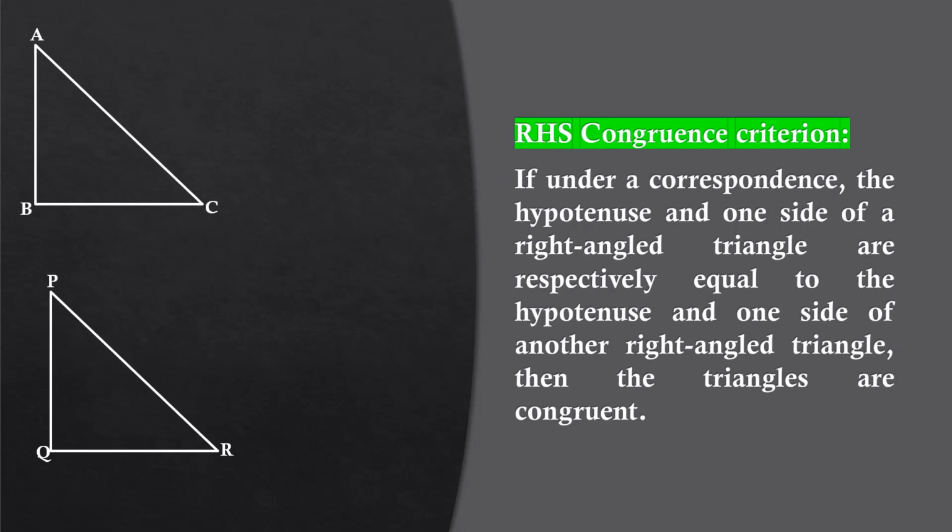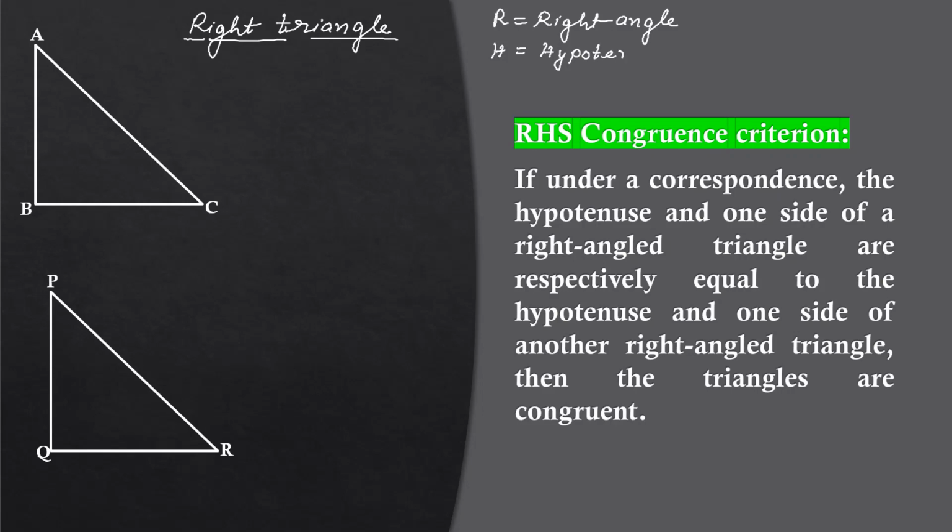Now this RHS congruence criteria is only applicable to a right triangle, or the triangle which has an angle 90°. In this case, R stands for right angle, H stands for hypotenuse, and S stands for side.